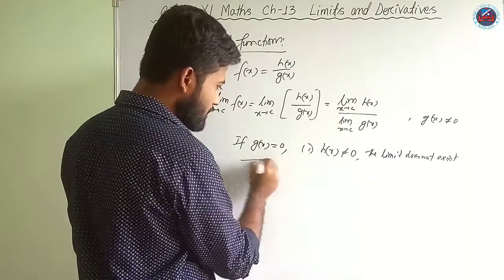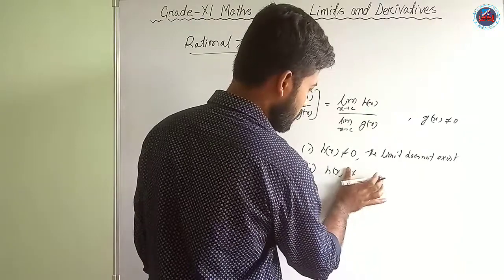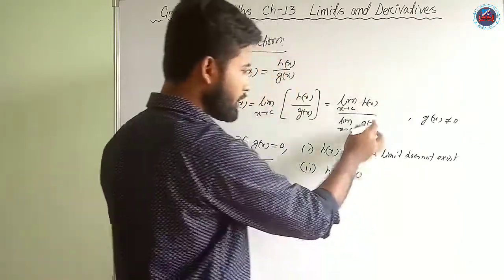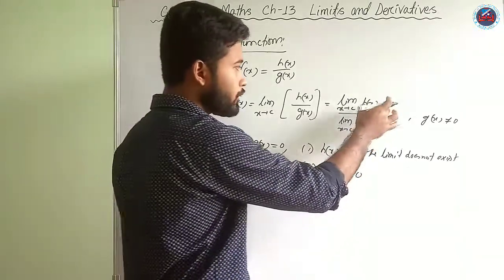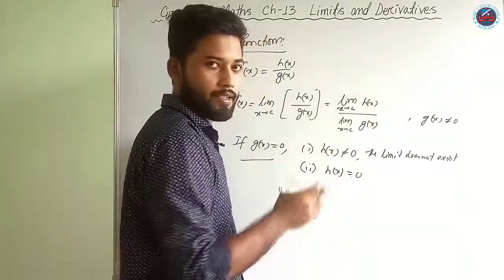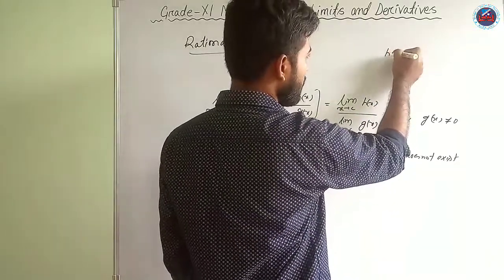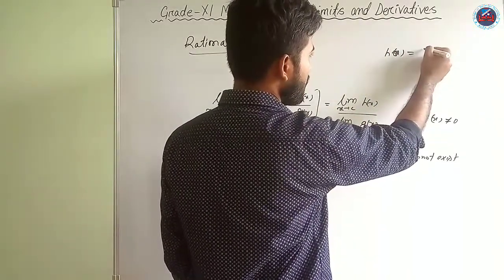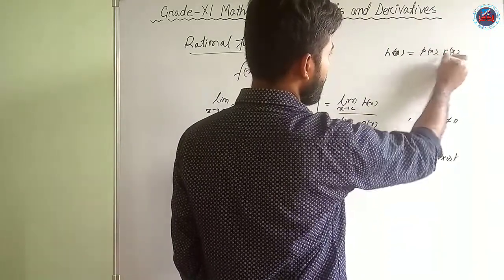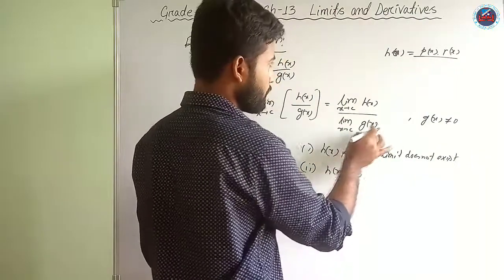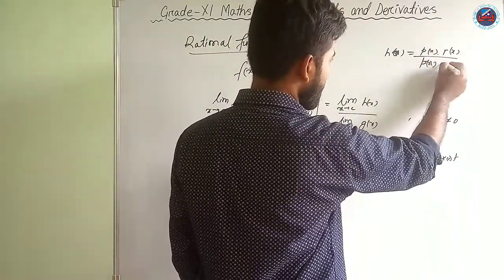And if g(x) is 0 and h(x) is also 0, that is, numerator and denominator both are 0, then what to do? At that point we need to simplify these two functions h(x) and g(x). We write h(x) in terms of p(x) times r(x), and we write g(x) in terms of p(x) times q(x).